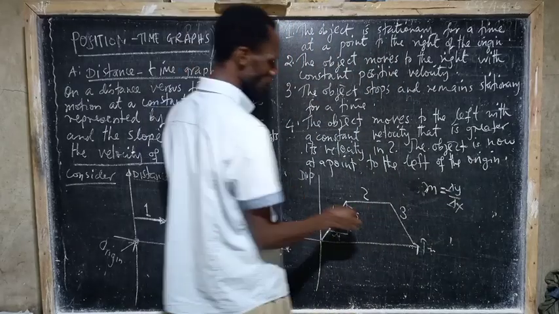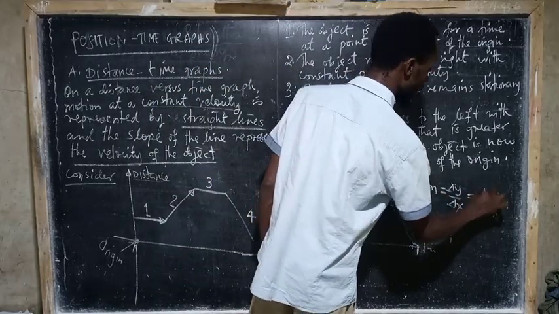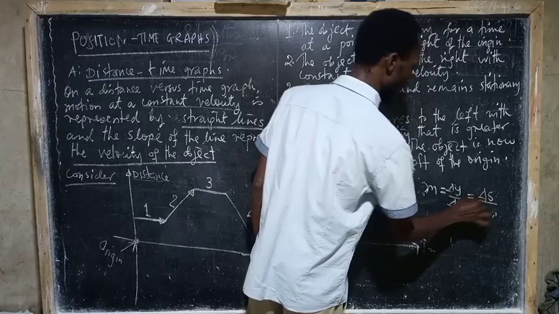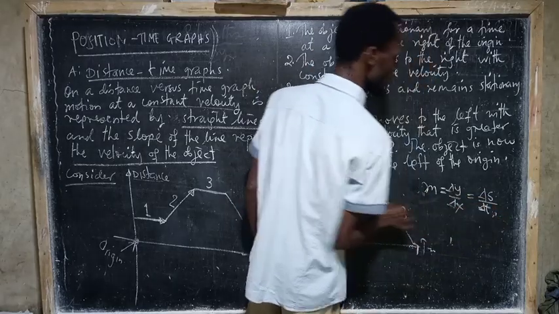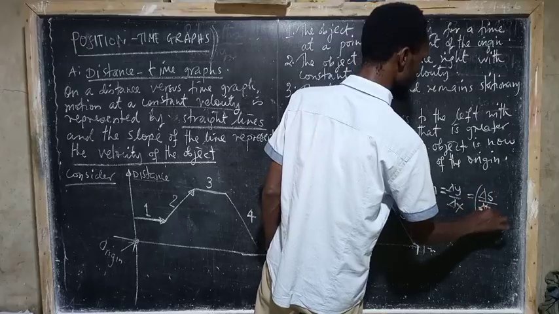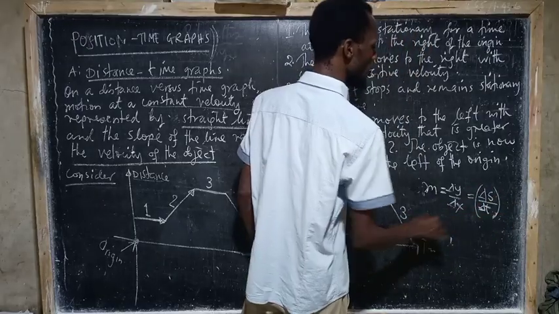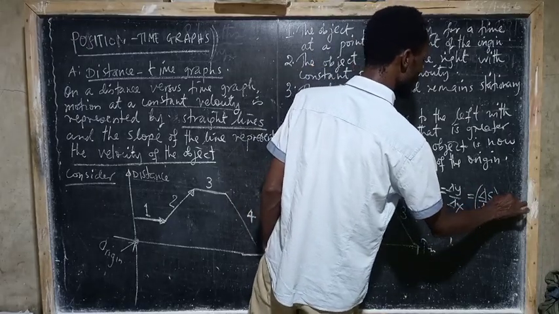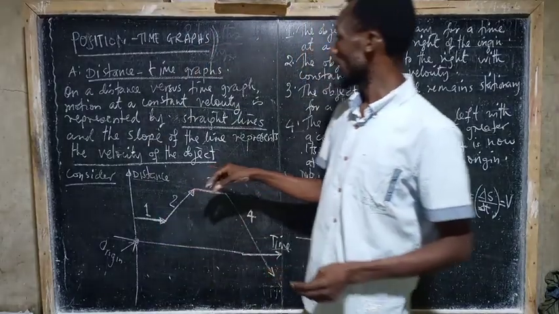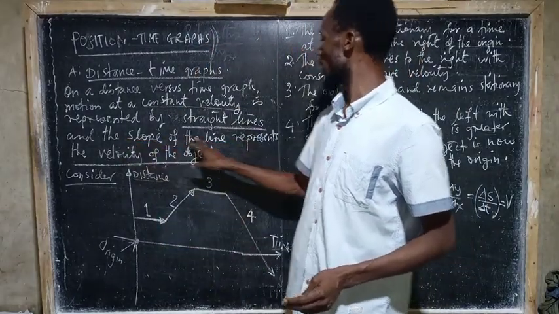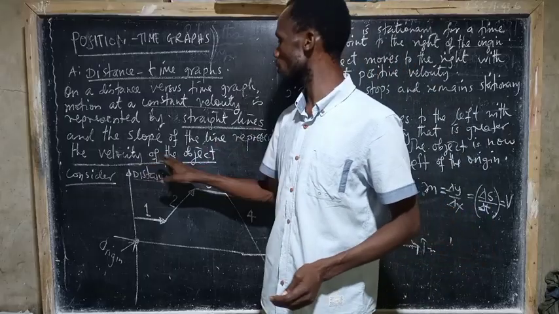By doing so, change in y is the change in displacement over change in x, that is change in time. This means change in displacement over change in time gives you what we call velocity. And that is why we have said kwamba the slope of the line represents the velocity of the graph.